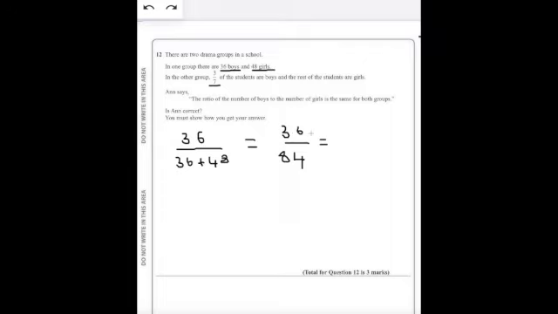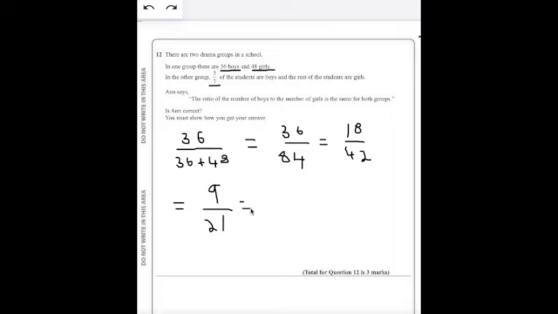Then you want to break it down to the smallest fraction that you can. So you divide it by 2 to begin with. I always found that the easiest. So 18 over 42. Then you divide that by 2 again. 9 over 21. And then you can see that the ratio is 3 over 7 to go. So to get 9 over 21 to 3 over 7, you then divide it by 3.